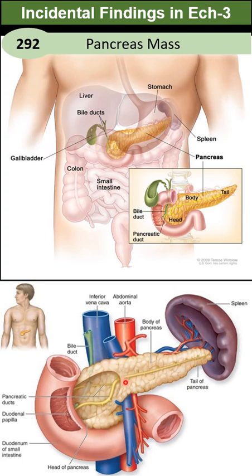Posterior to that is the portal confluence, that is the joining of the splenic vein and superior mesenteric vein together at this level. It creates the portal confluence, or you can name it the beginning of the portal vein.